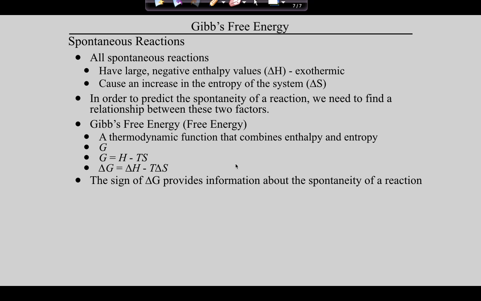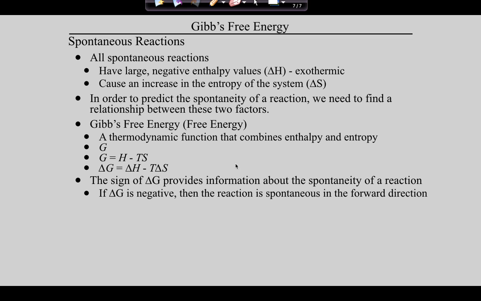The sign of delta G tells us, without exception or question, the spontaneity of a reaction. So guys, if delta G is negative, that bugger's spontaneous. Bugger is spelled with 2 G's. If delta G is negative, that reaction is spontaneous.